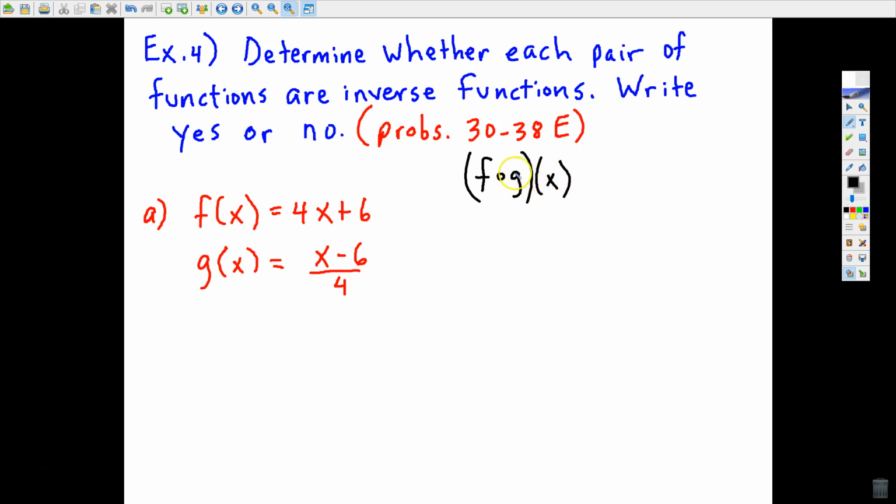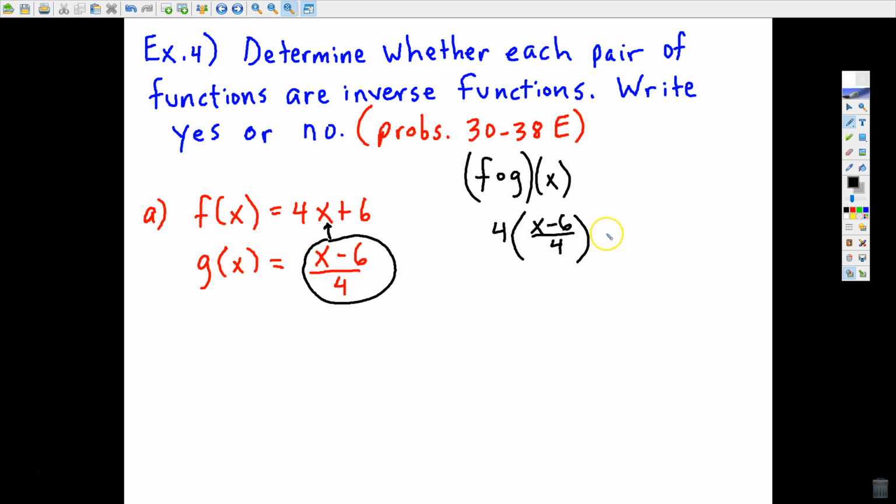So the way this reads is I'm going to use the g function as an input into the f function. That whole g function, which is given as x minus 6 over 4, is going to replace x in the f function. And let's see what we get when we do that. Alright, so 4 is already part of the f function, and we're going to replace x with x minus 6 over 4.